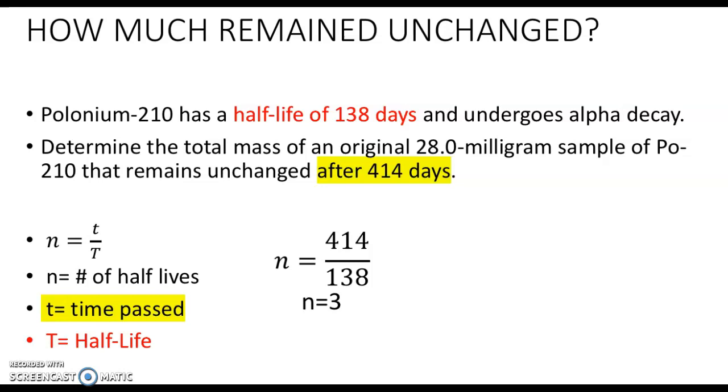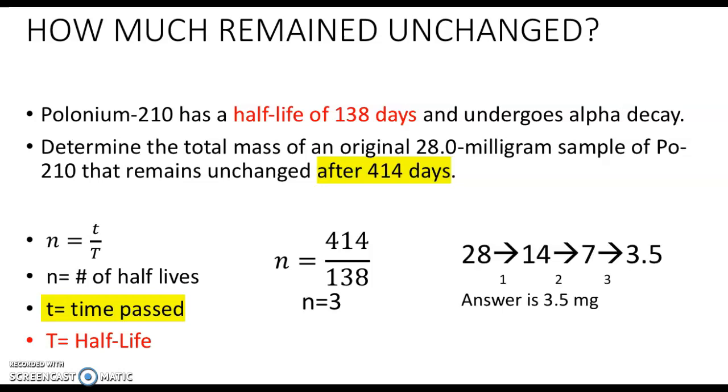So I haven't solved the problem yet. It's asking to determine the total mass of how much is left from the 28 milligram sample that I started with. So I want to know how much is left from the 28. I'm going to go ahead and divide 28 in half 3 times to get my actual answer. So over here, 28 divides in half 1 time gives me 14, divides in half again, gives me 7, divides in half again, gives me 3.5.